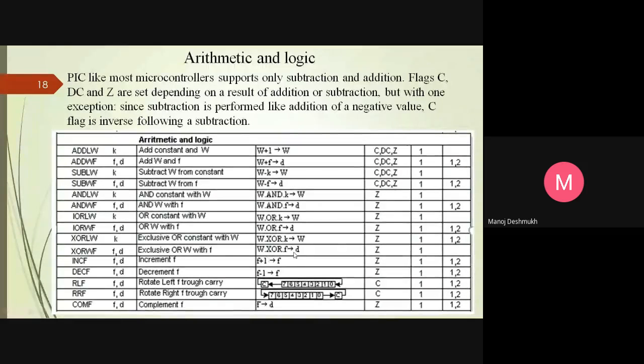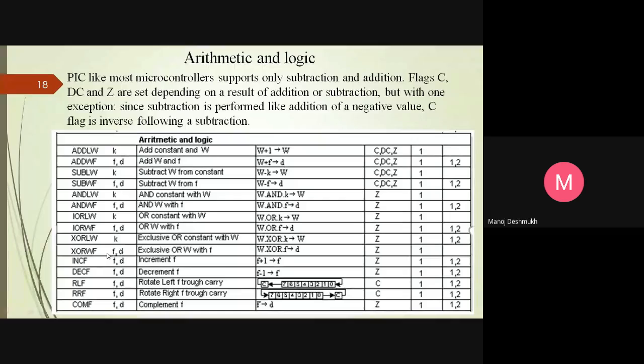In the case of a file register, we go with the D bit, the destination bit. Okay. So when K comes, there is no need to mention D, as whenever a constant number or literal value is there, that is, K is your literal value, the result will by default be loaded or stored at W only. So there is no change in that concept.